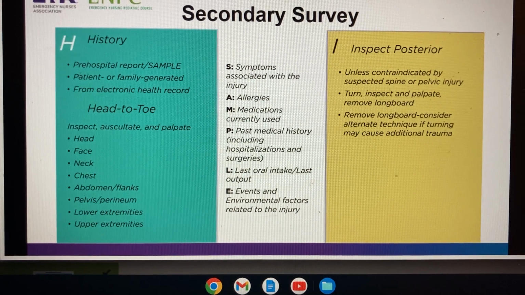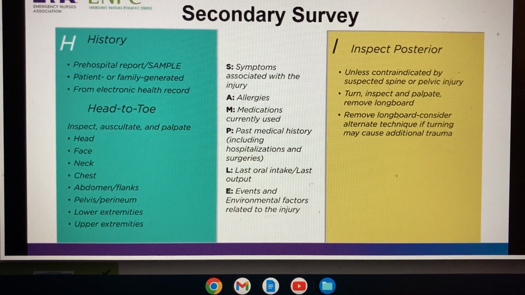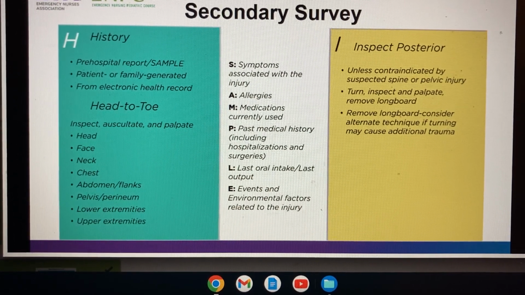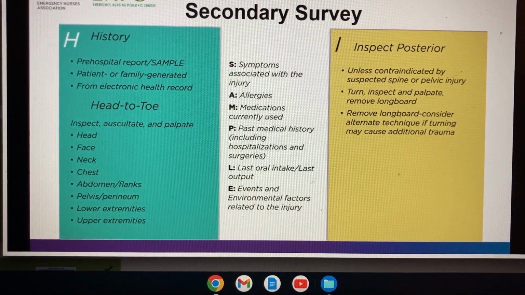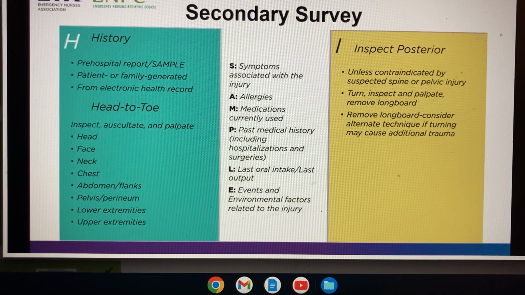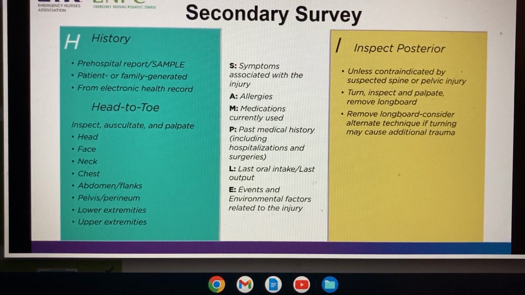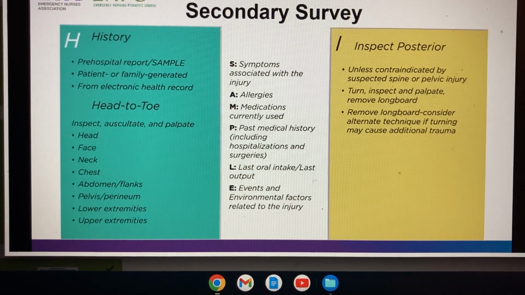The secondary survey is designed to identify all injuries or indications of illness. This is accomplished with a thorough history and head-to-toe exam. Critical findings can be missed if this exam does not include the back, so inspecting the posterior is an important reminder. If the patient is still on any sort of a transfer device or longboard, it should be removed at this time.